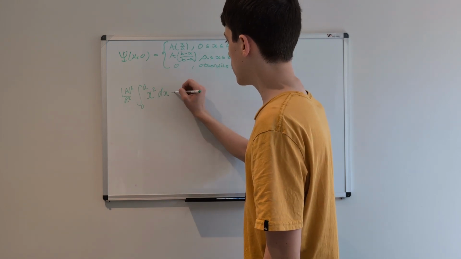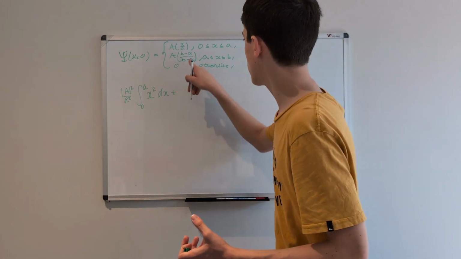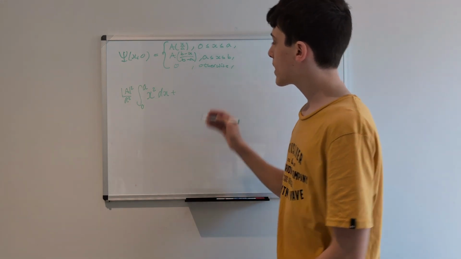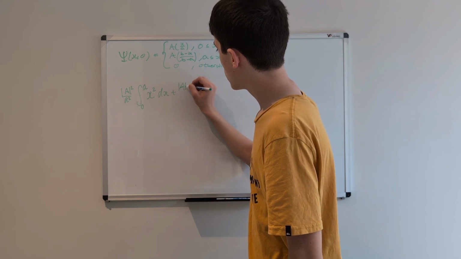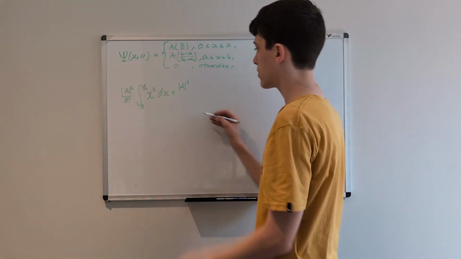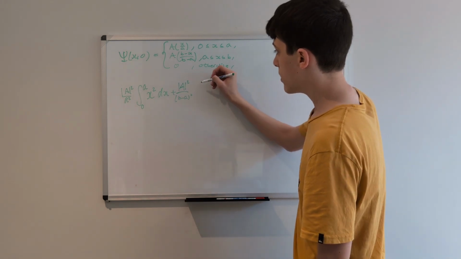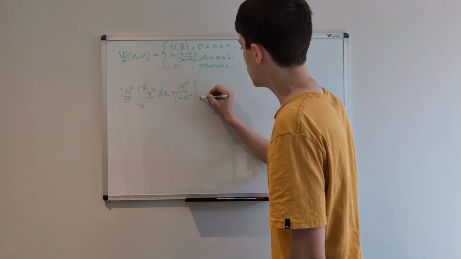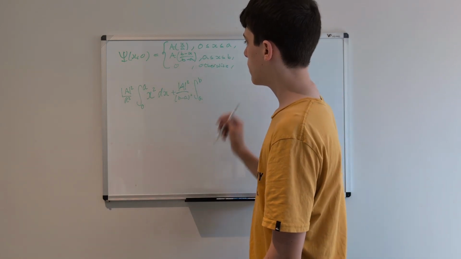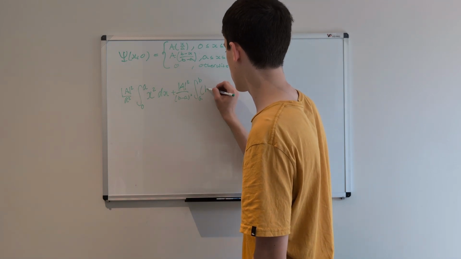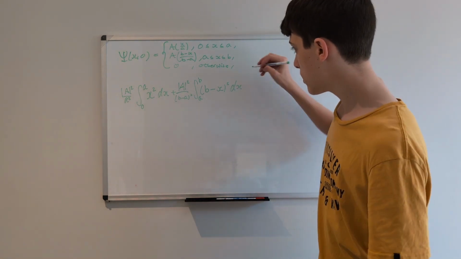And then we can add our next function, which is this. So we can take out the modulus of A squared over (b minus a) squared. And then it's the integral from a to b of the modulus of (b minus x) squared. Okay, so this equals 1.